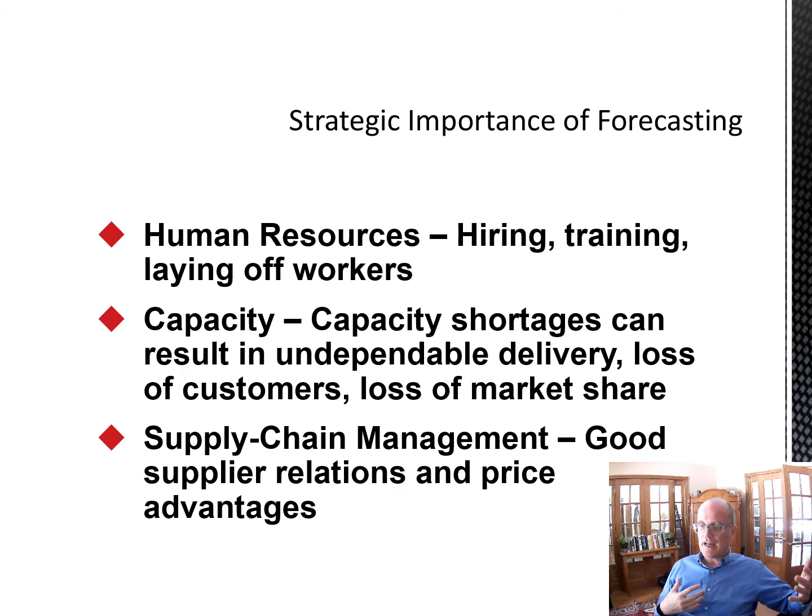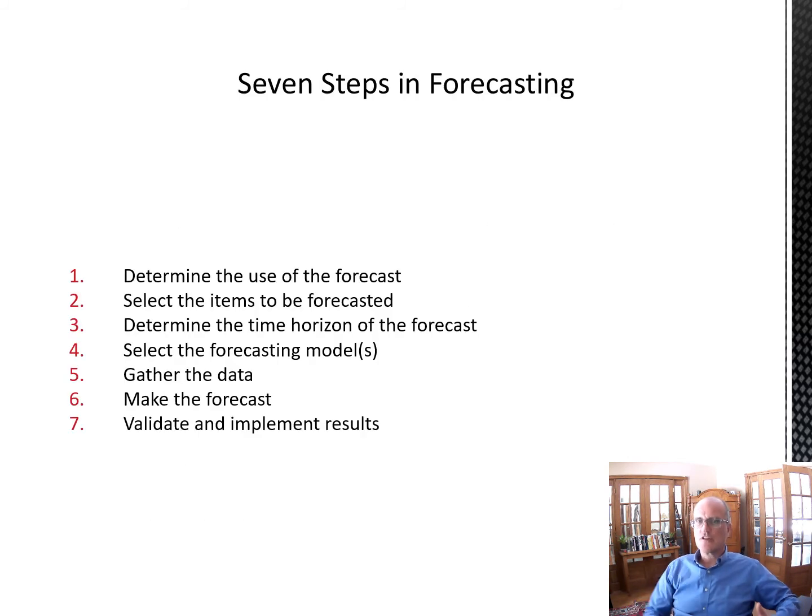If you have capacity that you've invested in and you don't have the demand to use that capacity, that is just as much of a problem as shortages. And in supply chain management, forecasting can also reduce costs throughout the supply chain by allowing us to interact and talk about what some of the differences are.